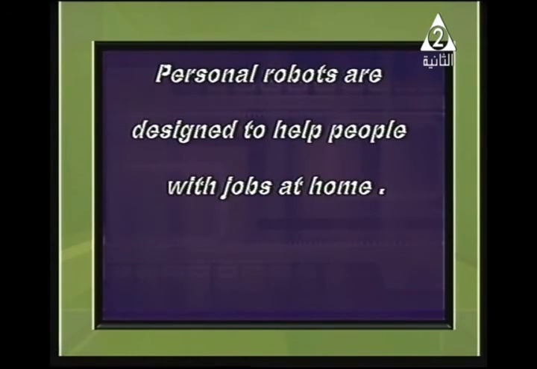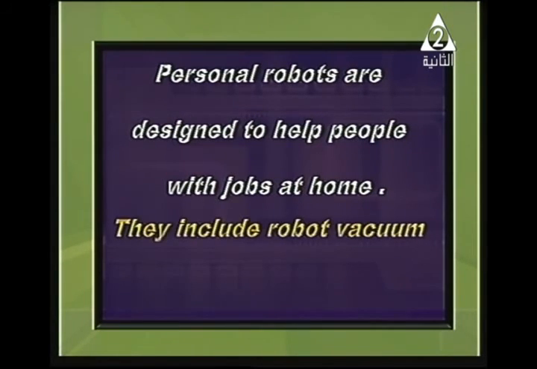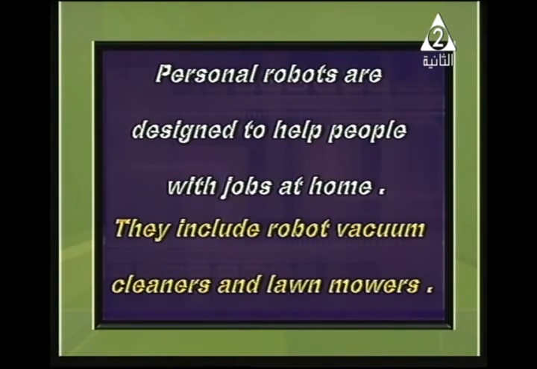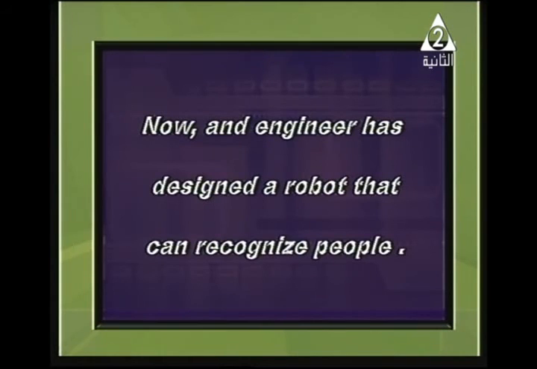Personal robots are designed to help people with jobs at home. They include robots, vacuum cleaners, and lawn mowers. Now, an engineer has designed a robot that can recognize people.